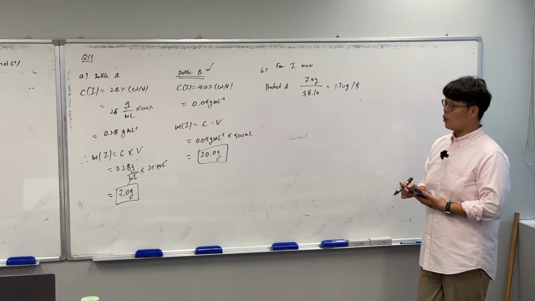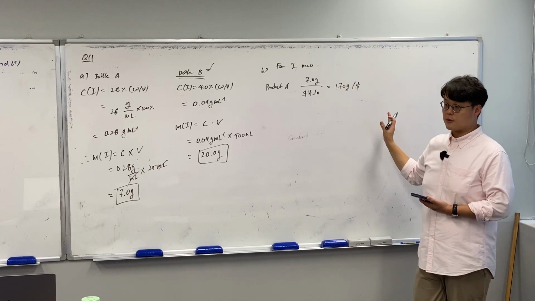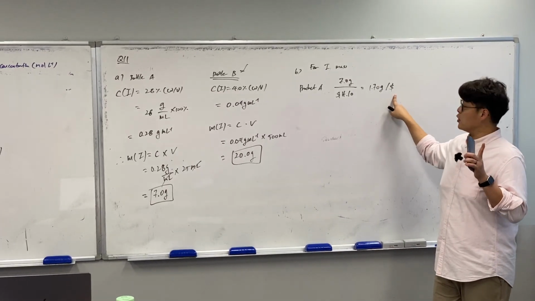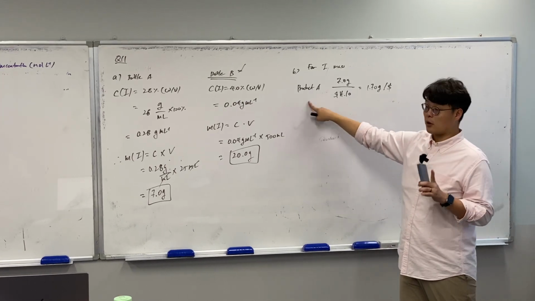Or we may do vice versa, the dollars per gram too, but we can compare that. It means if you have $1, you can buy this much iodine using product A.